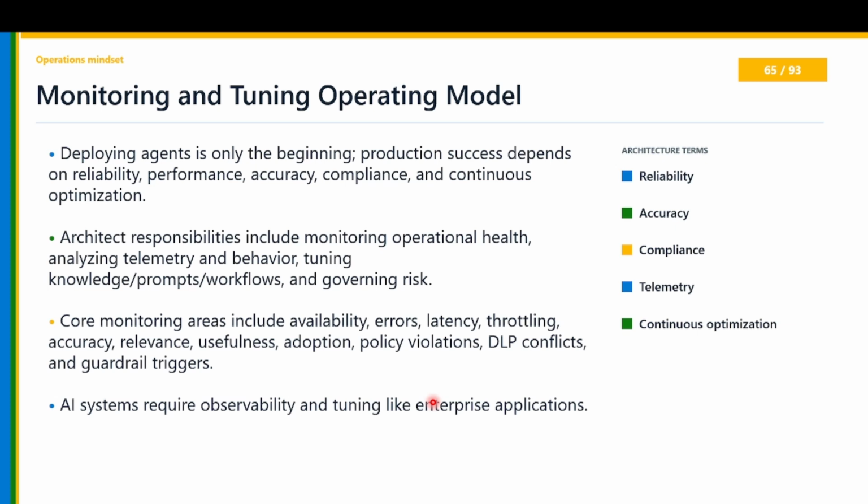So agents are the ones that perform the task based on the prompt and the skills that you have given them using their agent card. So you have to still monitor the agent and monitor the prompt. Very, very important. So AI systems require observability and tuning like enterprise applications. If you must monitor everything, monitor the model, monitor the LLM, monitor the agent, monitor the prompt, monitor the entire workflow, and monitor the whole application itself.